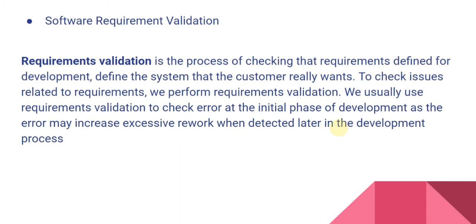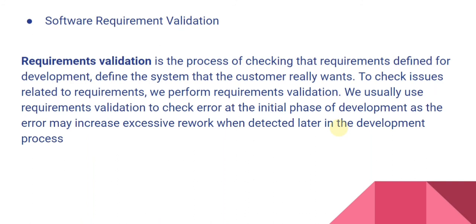So validation checks whether the user wants this functionality provided by the system. Requirements validation is really very important. We should confirm these requirements with the customer: are you looking for these requirements, are these your needs?